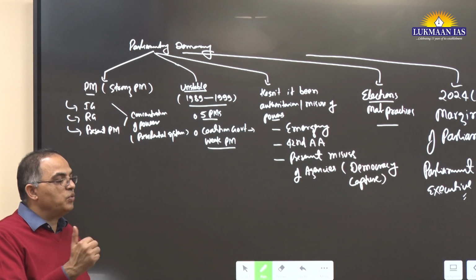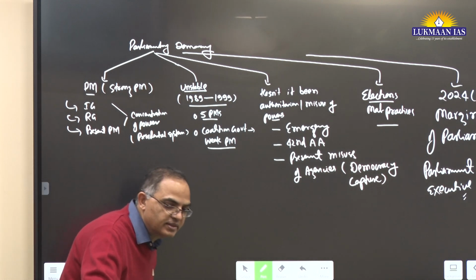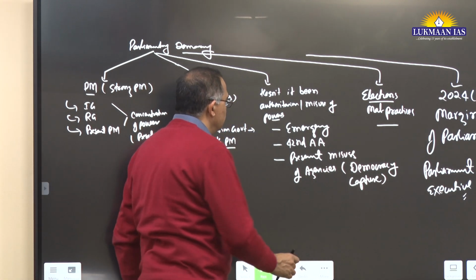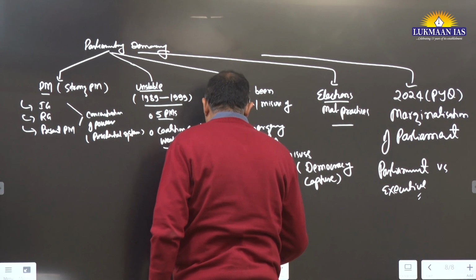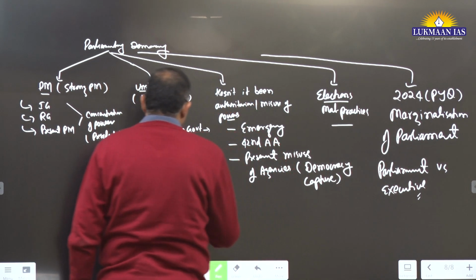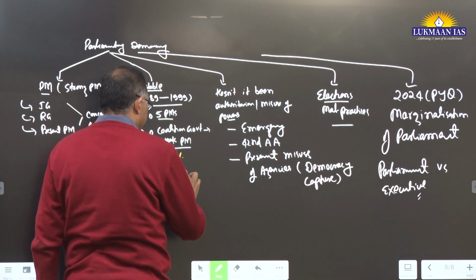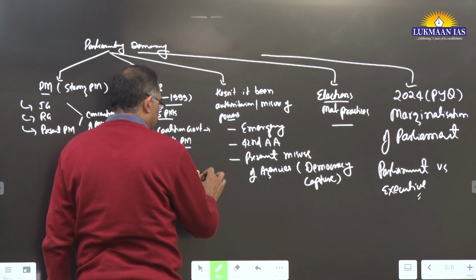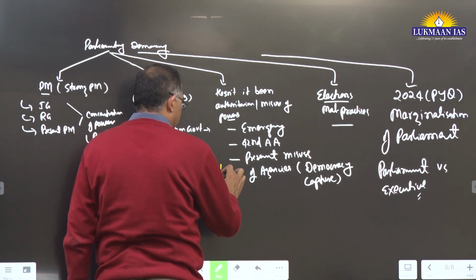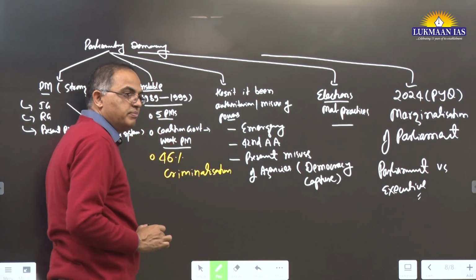Because of that, you will find this situation: 46% members have a criminal background.